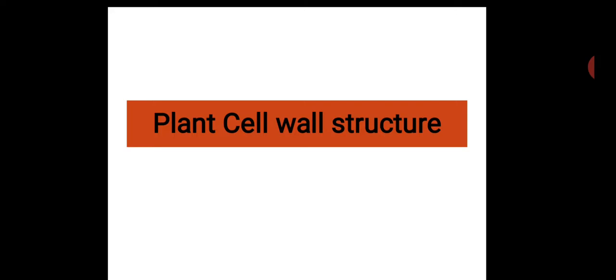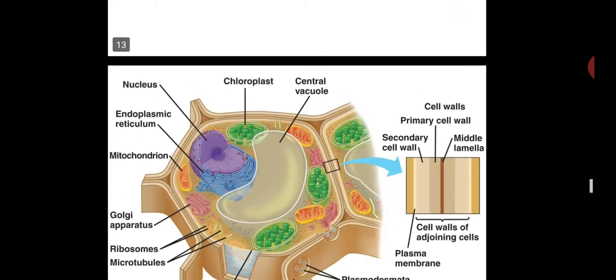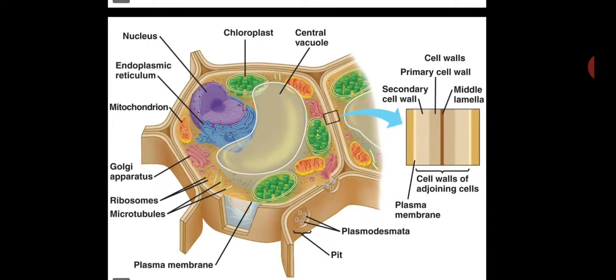Let's go. This is the plant cell. You are watching the central vacuole, the purple-colored nucleus, endoplasmic reticulum, chloroplast, orange-colored mitochondria, and pink-colored Golgi apparatus.